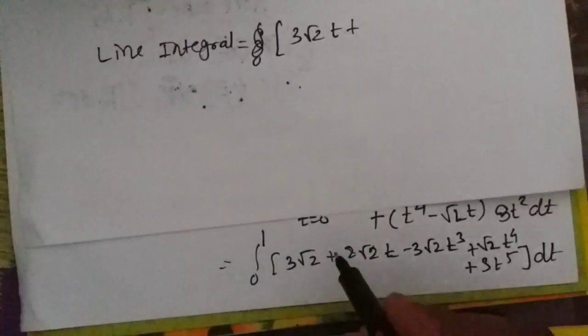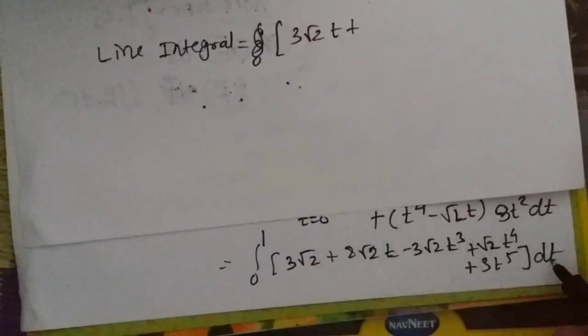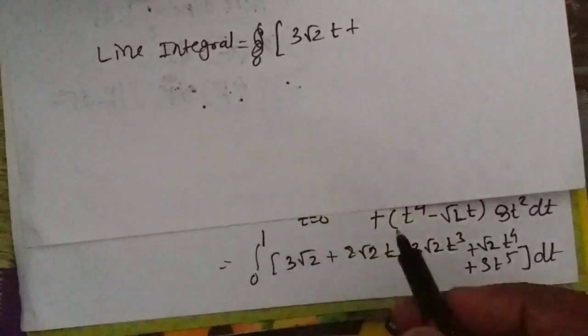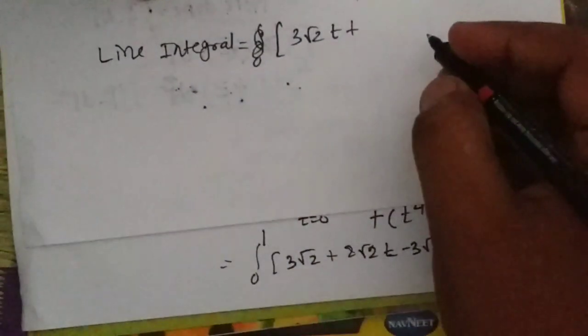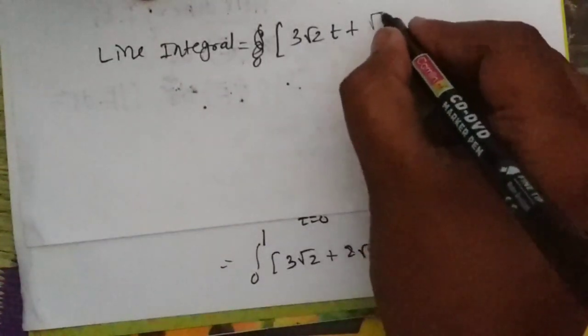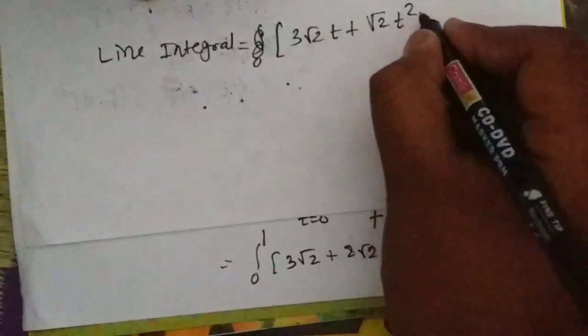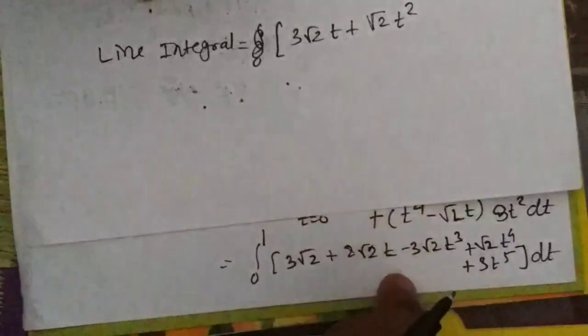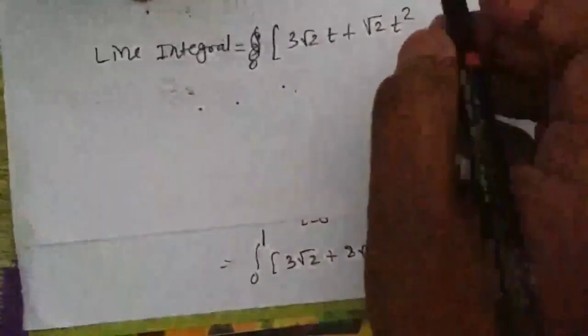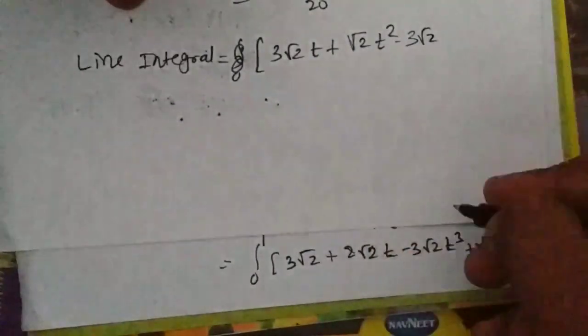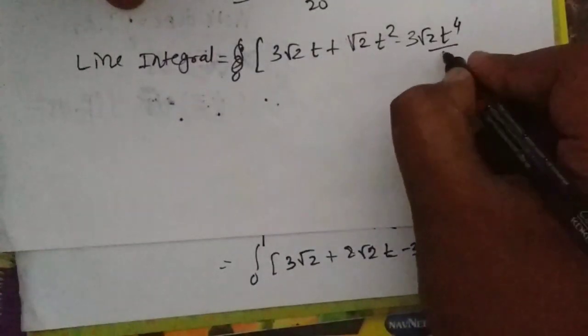Now let us integrate all these 5 terms with respect to t. The integration of 3 root 2 with respect to t will be 3 root 2 t. The next integration, 2 root 2 into t, will be root 2 t square, as the 2 will get cancelled, t square by 2. Then minus 3 root 2 into t cube will be equal to minus 3 root 2 as it is, and the integration of t cube will be t raised to 4 by 4.